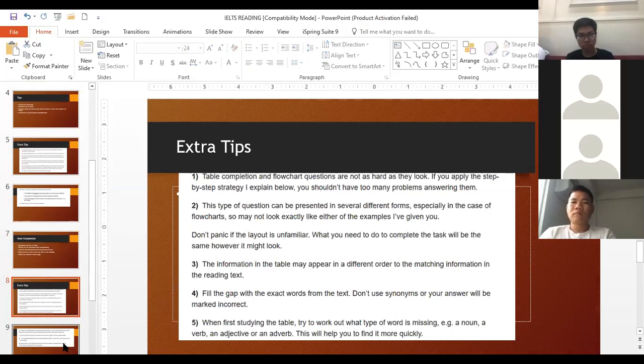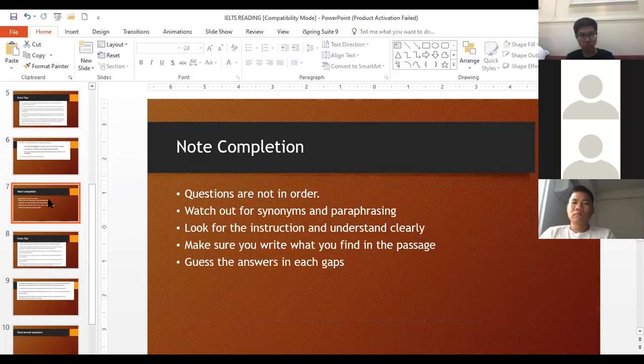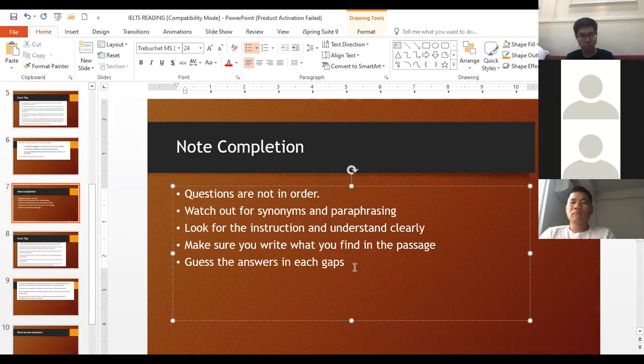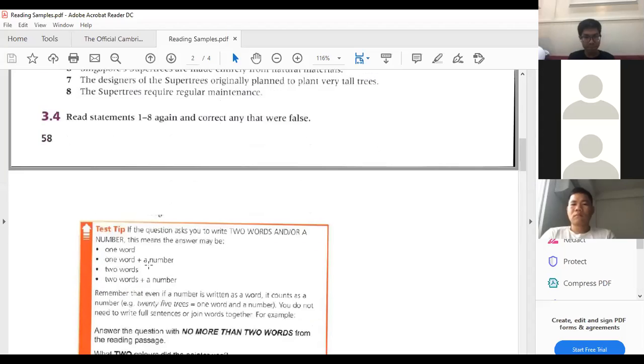I have extra tips right here as well. You can read further when you get the slides in your hand. Any extra tips that you wish to add, or is that all for now? If that's all, we'll go and practice the tips carefully.